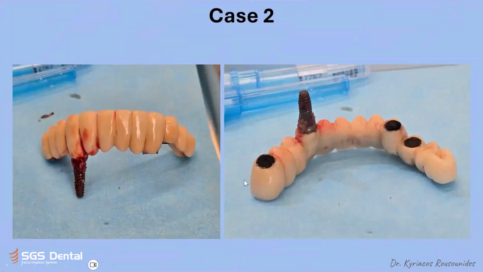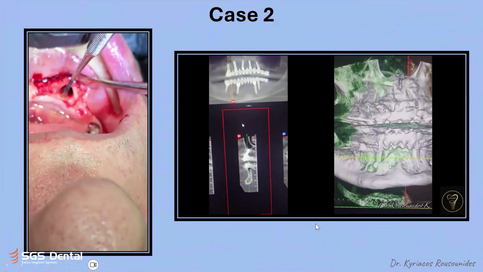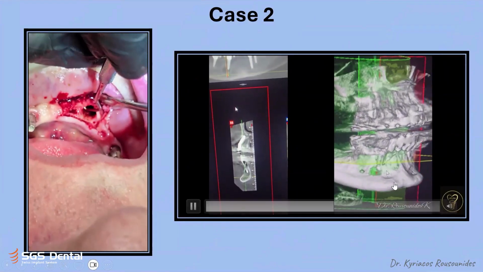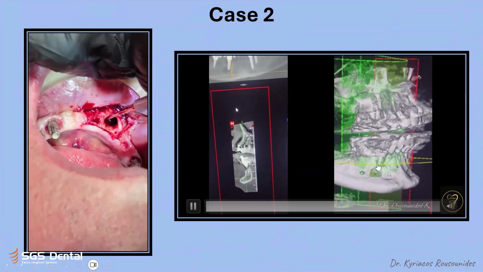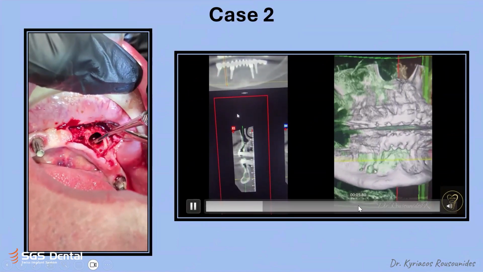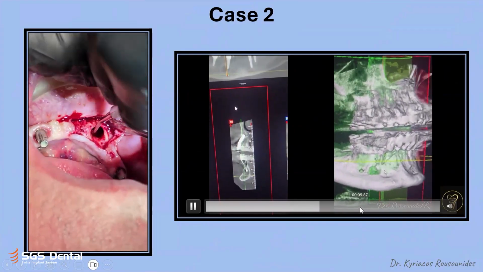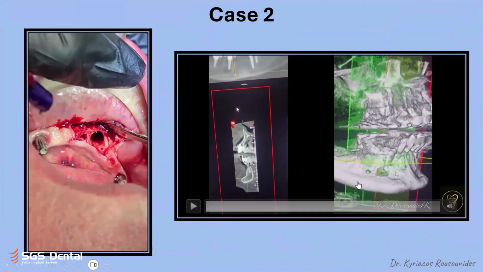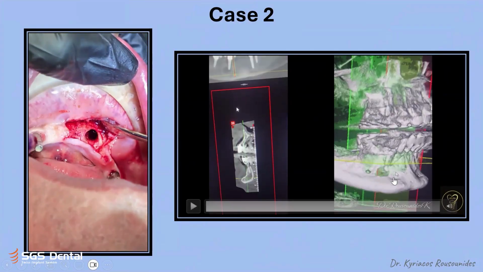And as you can see, the implant came together with the whole prosthetics. We had a CBCT, and we see that the defect here is a shining-through defect. We see from the other side the exit of the mental nerve. If I stop the video here, for example, we have the shining-through defect of the bone.